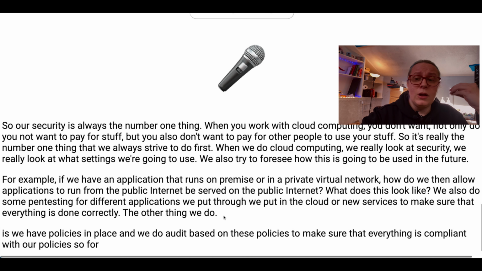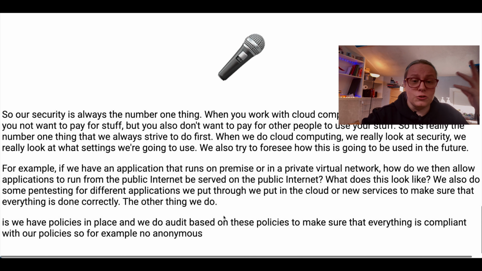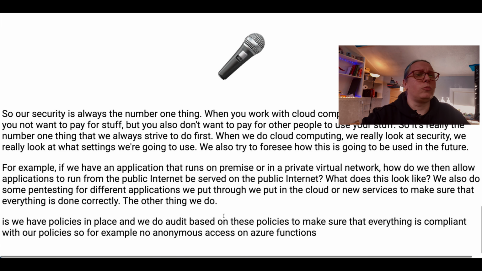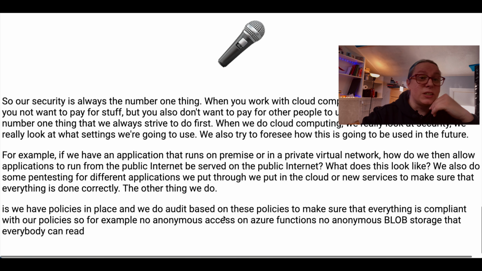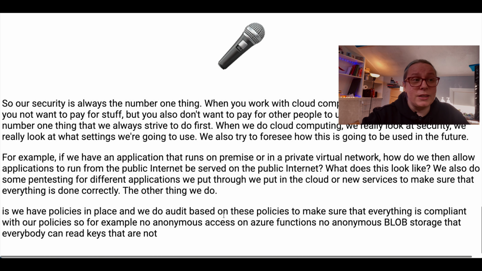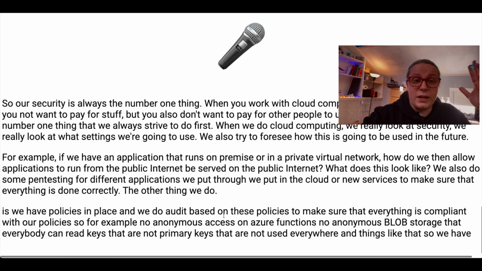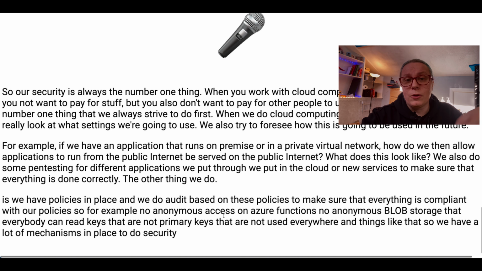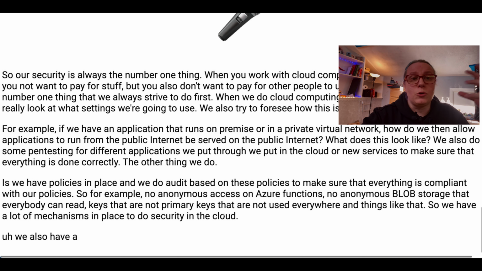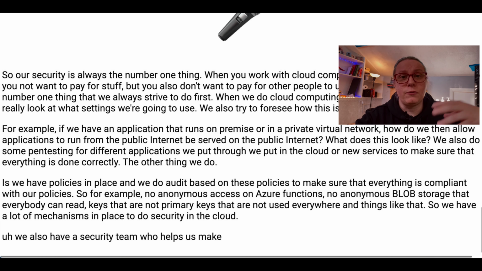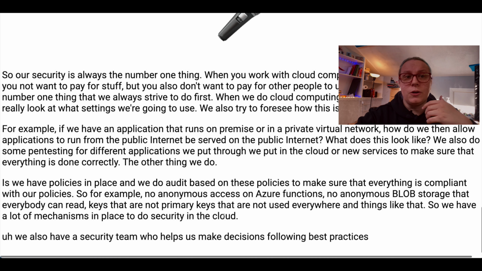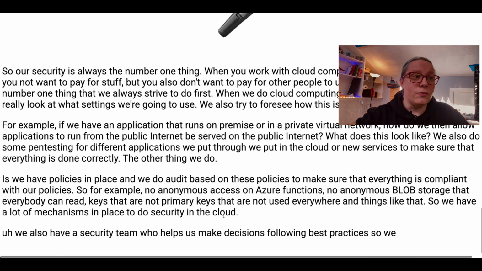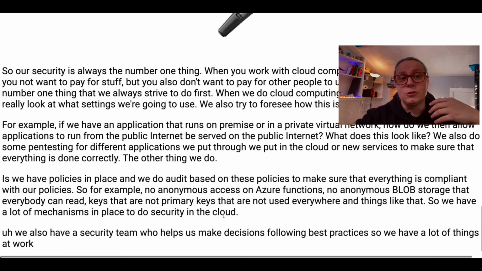So, for example, no anonymous access on Azure Functions, no anonymous blob storage that everybody can read, keys that are not primary keys that are not used everywhere, and things like that. So we have a lot of mechanisms in place to do security in the cloud. We also have a security team who helps us make decisions following best practices. So we have a lot of things in our arsenal to do that.